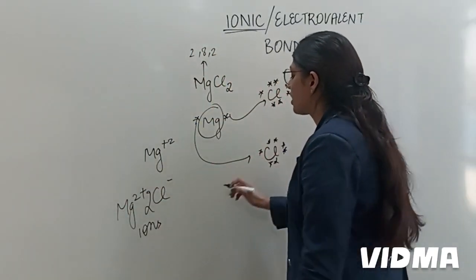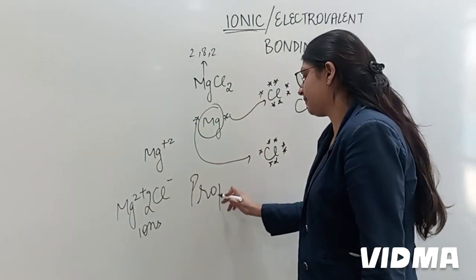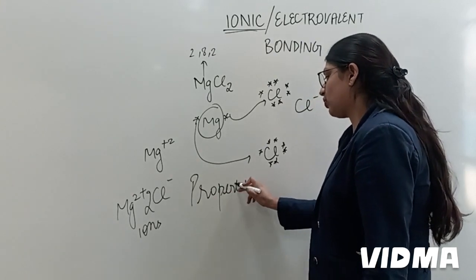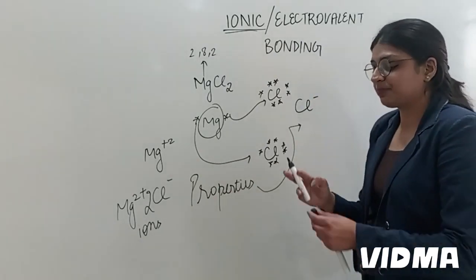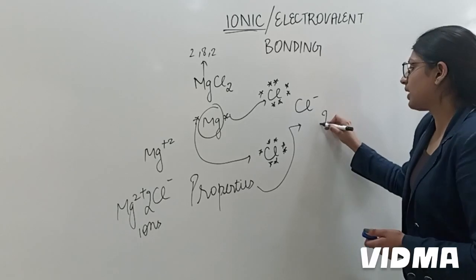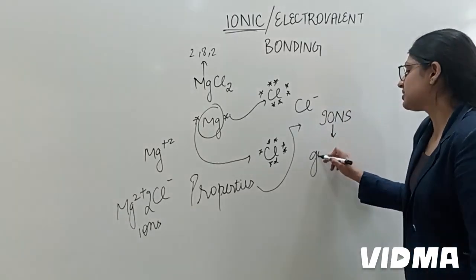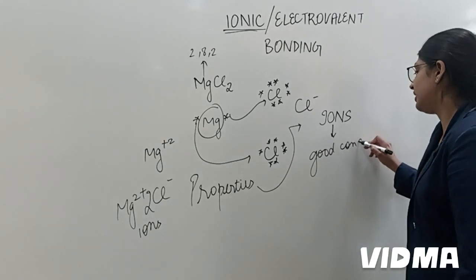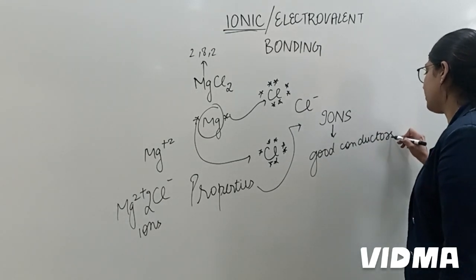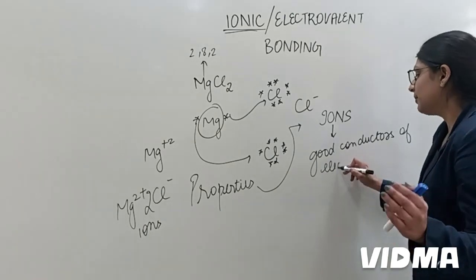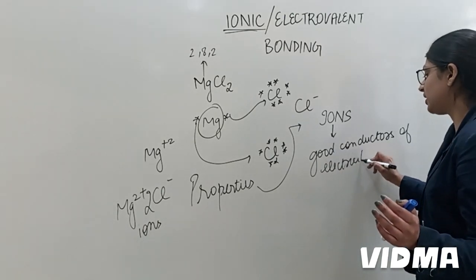Now let's discuss some of the properties. Some of the properties of ionic bonding are, firstly, it consists of ions, and since it consists of ions, these are good conductors of electricity. But you have to keep one thing in mind.